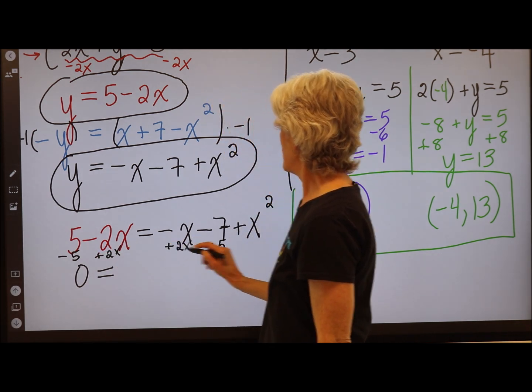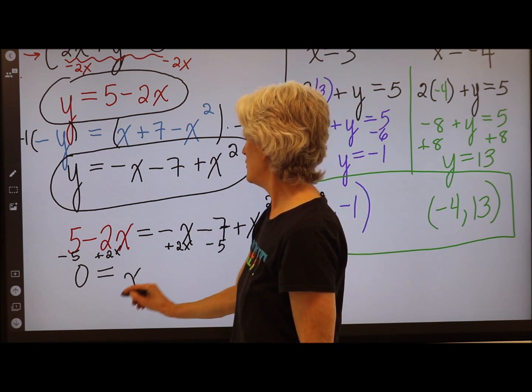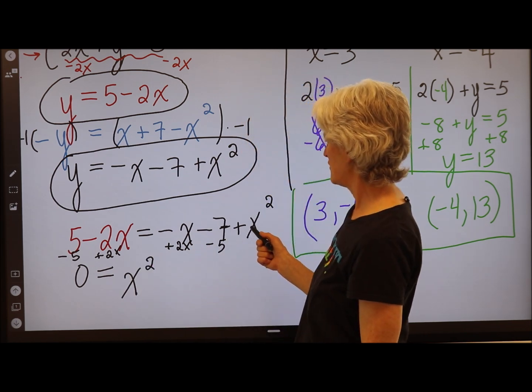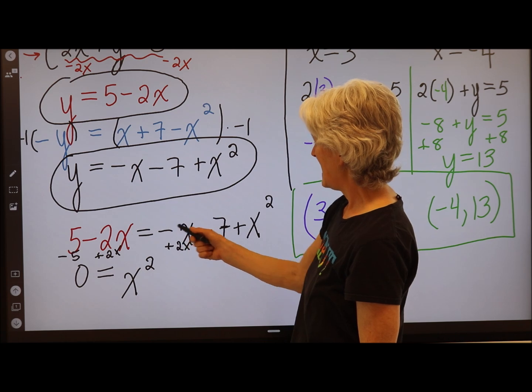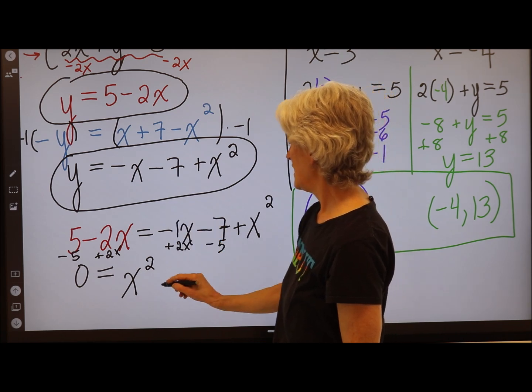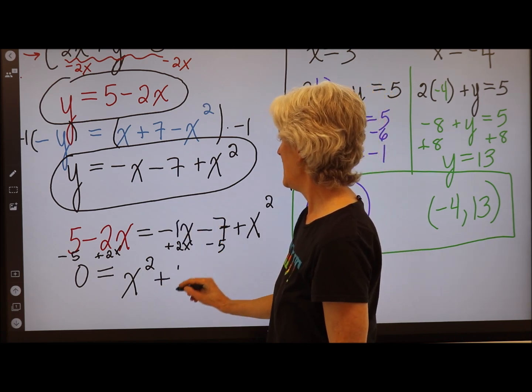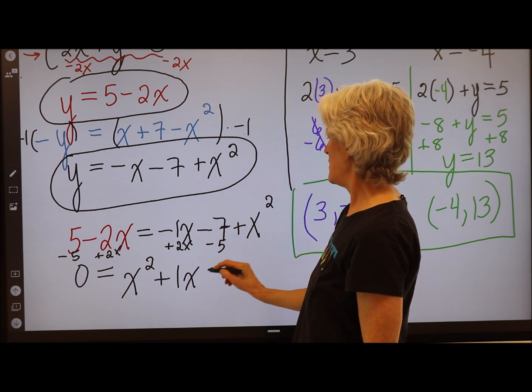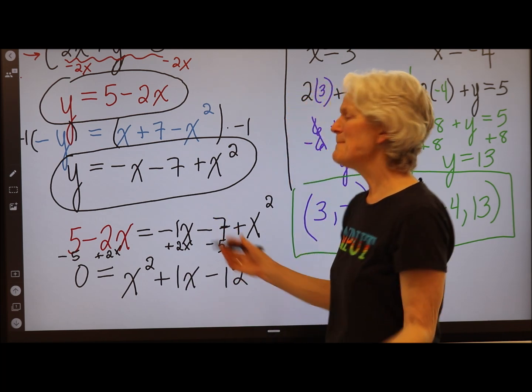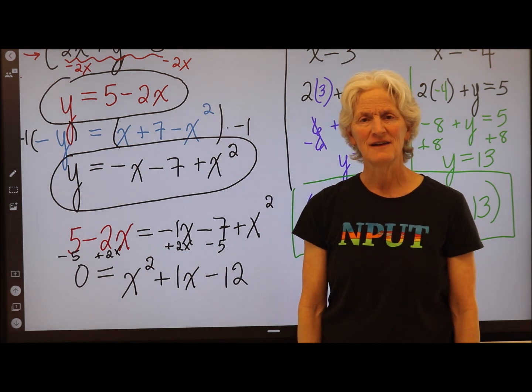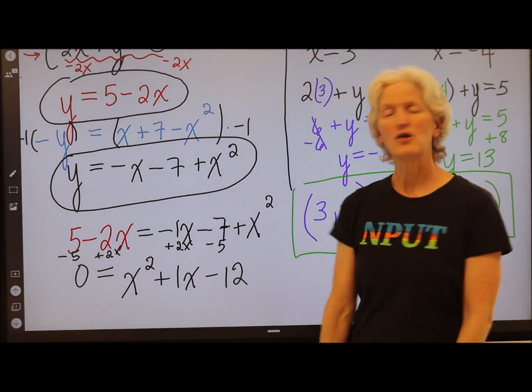Let's write it in order with the biggest exponent first, x squared. This is negative 1x plus 2x, so that's going to give me a plus 1x. Negative 7 minus 5. Holy smokes, I'm back where I was before. I have a quadratic now.